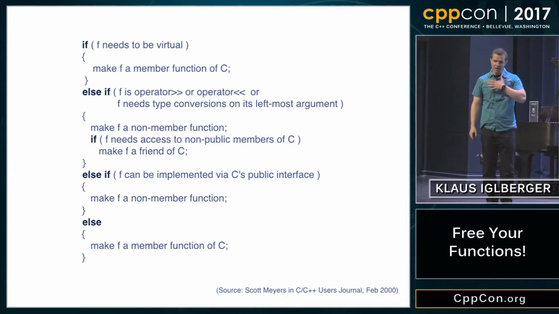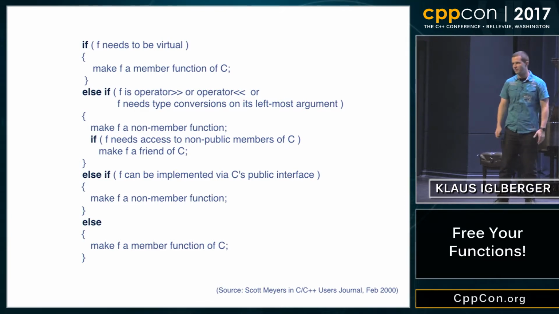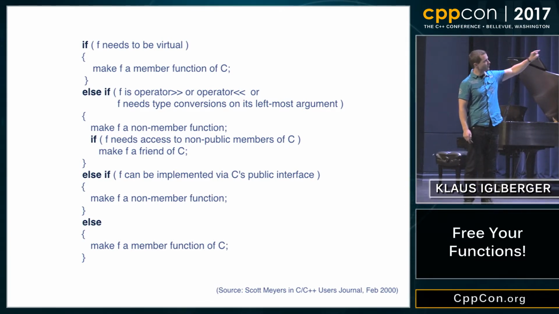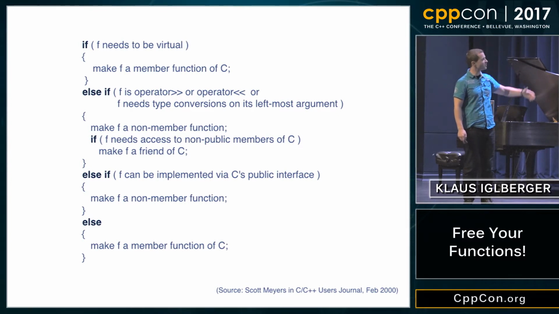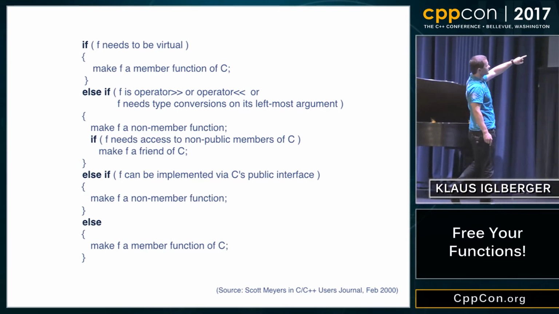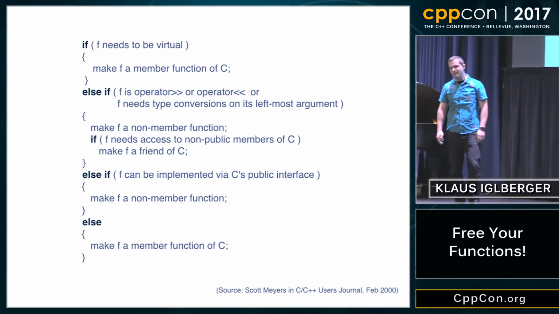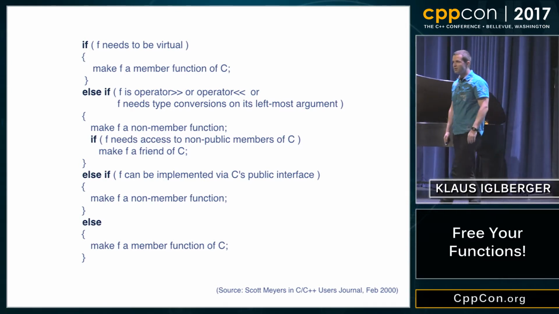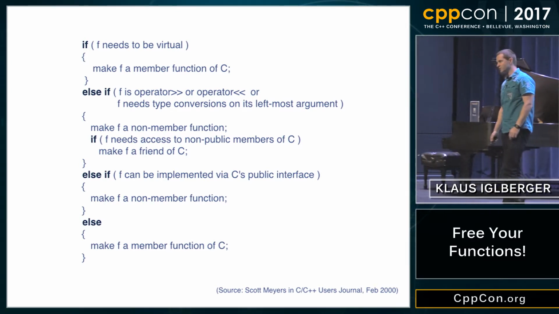If you do not have any reason to access private data members or private functionality, then there is no reason to make it a member function. So make it a non-member function. And else, if none of the other things apply, make it a member. And all the getters and setters are down here in the else part. And all the functions that truly need access, of course, have to be member functions.